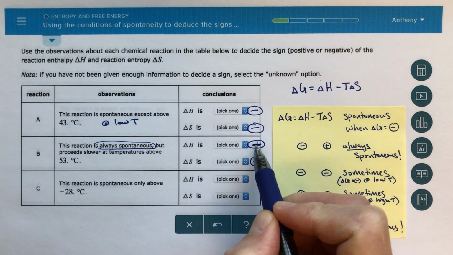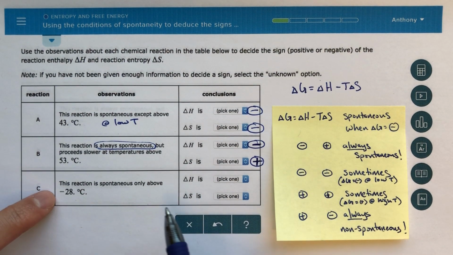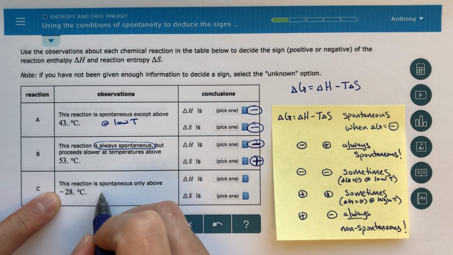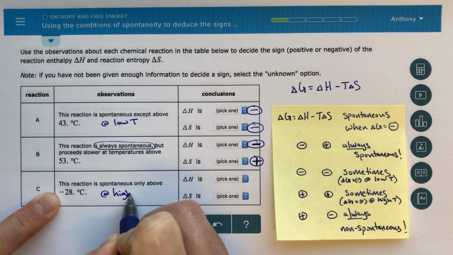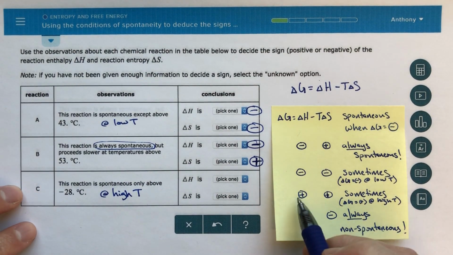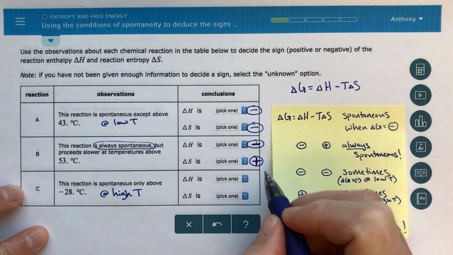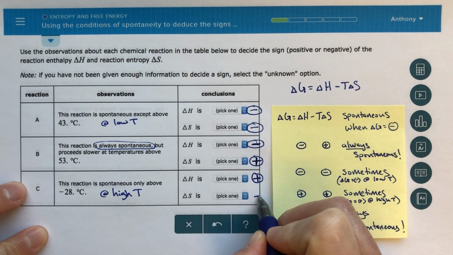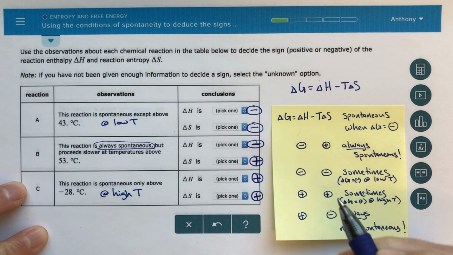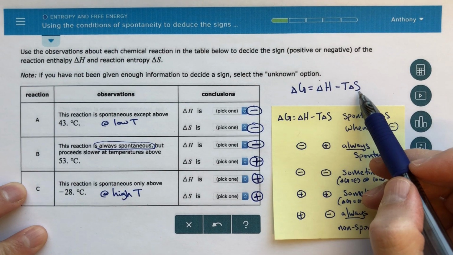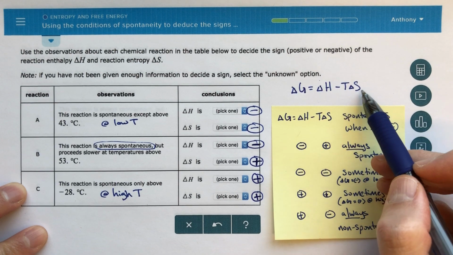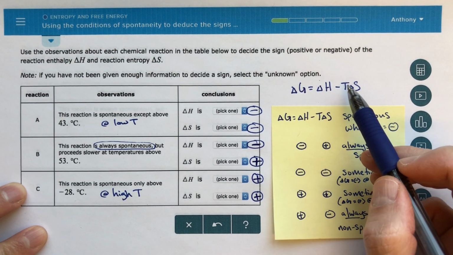Hopefully it's clear there. It's a little sloppy. This reaction is spontaneous only above minus 28 degrees Celsius. So another way to write this is that the reaction is spontaneous only at high temperatures. Going over to our cheat sheet here, that's going to be where I've got an endothermic reaction, but an increase in entropy as the reaction proceeds. If my entropy change is positive, then the higher I make my temperature, the more negative this whole term is going to be, because I've got a positive times a positive.